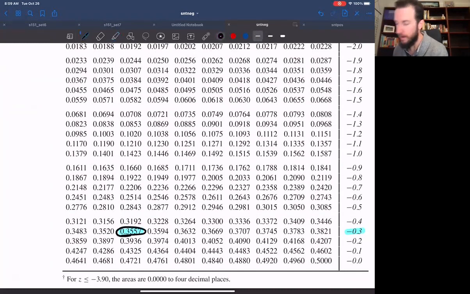Okay. So that means that the probability that X bar is less than 0.29 is equal to 0.3557, because the probability that Z is less than negative 0.37 is 0.3557.